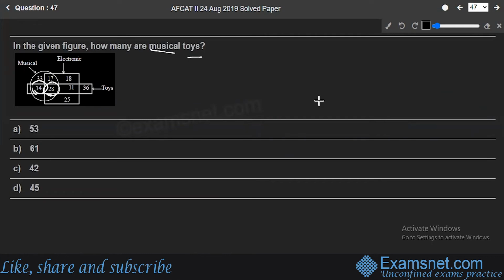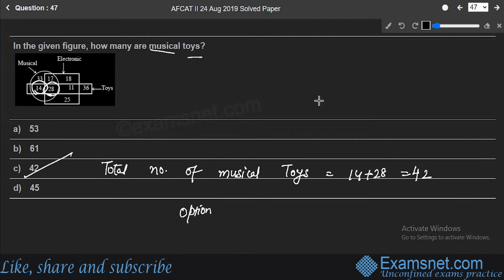Correct? So you can say the total number of musical toys is equal to 14 plus 28, which is equal to 42. So you can see option C is the answer. Hope this is clear.